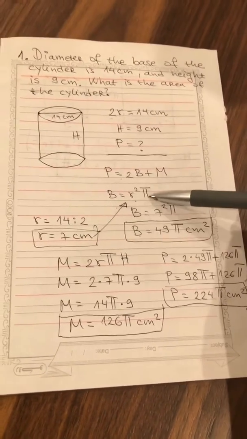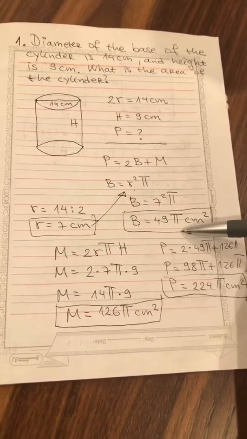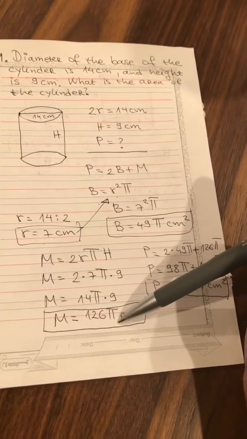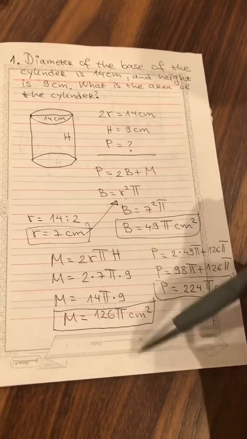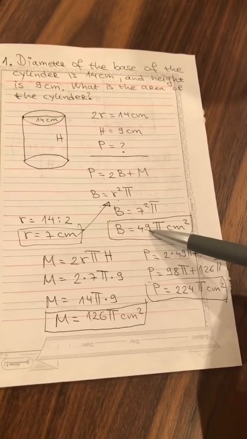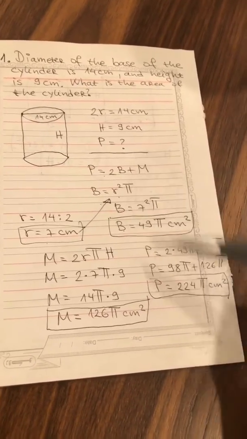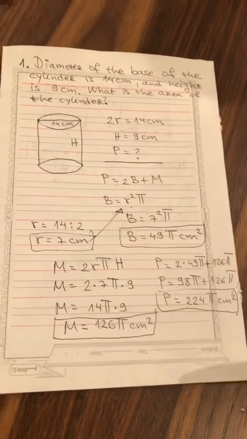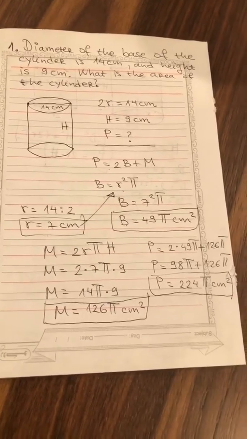After that we included it into the formula of the base of the cylinder and we found the area, and after that we found the area of M, which is, when we place all the things that we know into the formula, 126 pi. And as long as we got the base and M, we included them in our main formula and found the area of our cylinder. That's it when it comes to this task.